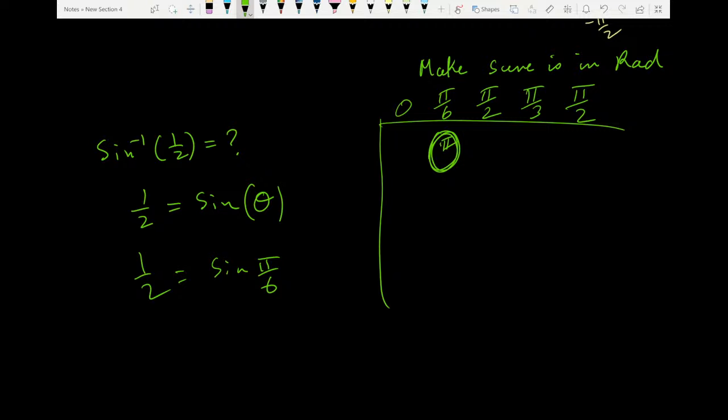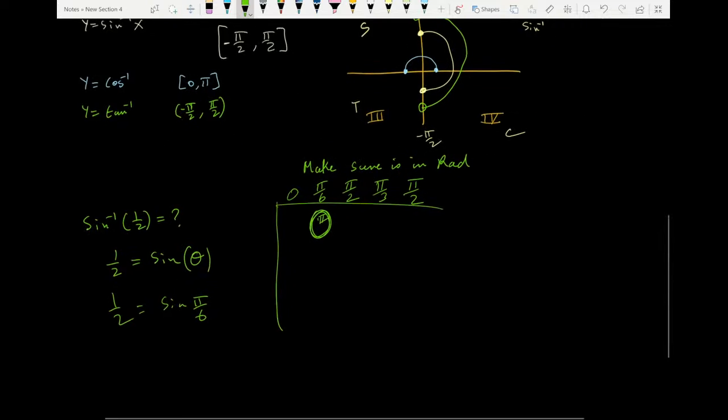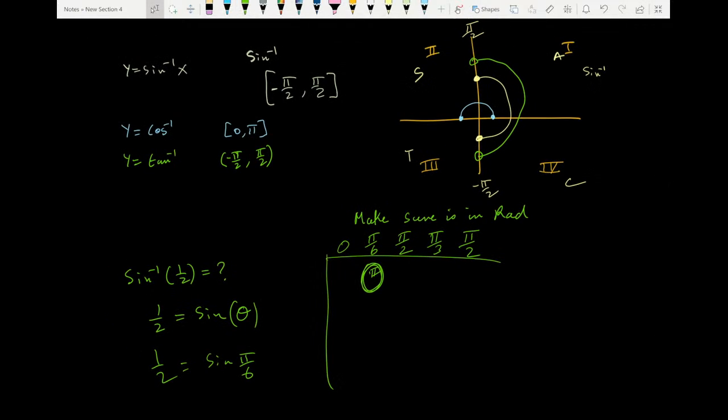It works. In this case, it kind of works because if I look back, sine inverse lives in the first and the fourth quadrant, and pi over 6 is already in the first quadrant, so therefore it works.